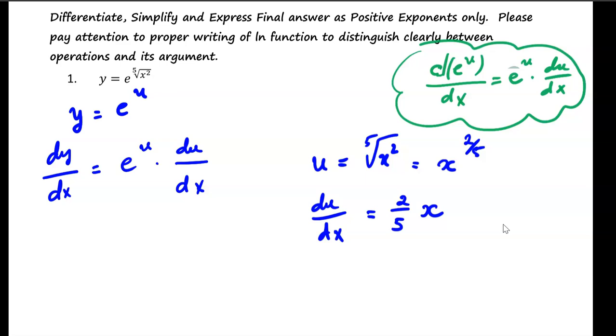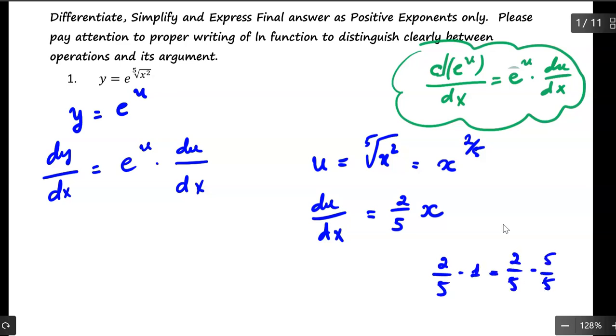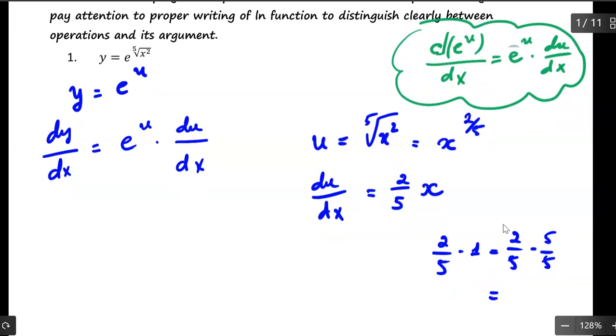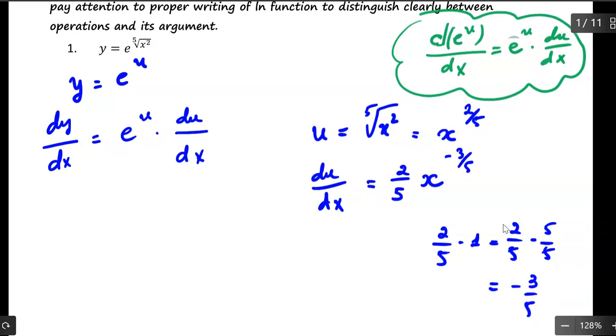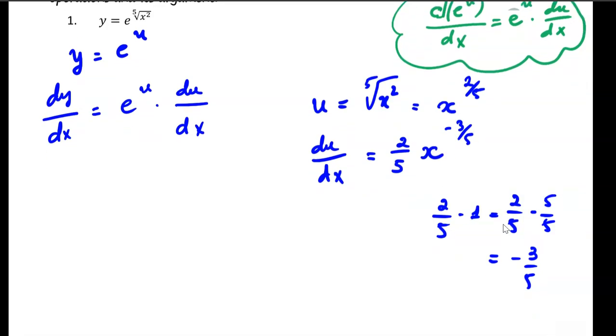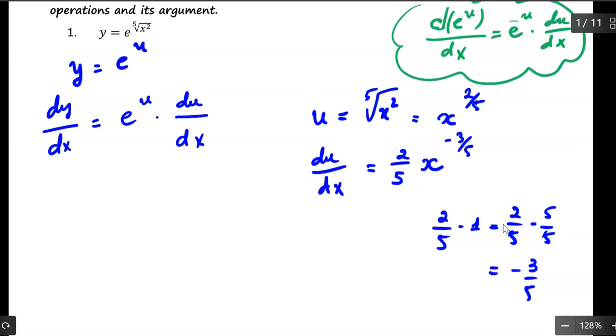So when you subtract 1 from 2 over 5, it means 2 over 5 subtract 5 over 5. In this case, your answer should be negative 3 over 5. So x to the exponent negative 3 over 5. Alright, so all you have to do now is just substitute this into these formulas.